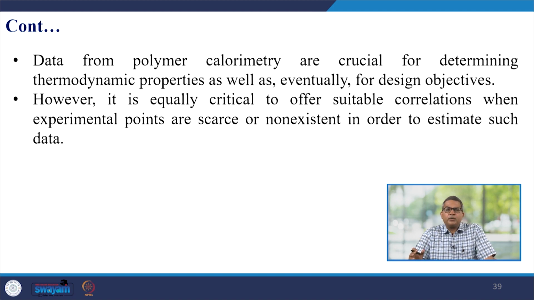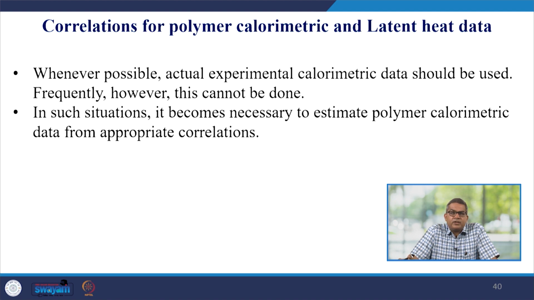Now, data from polymer calorimetry are crucial for determining the thermodynamic properties as well as eventually for the design objectives. So, once you design any kind of polymeric system, it is quite essential to have this kind of data. It is equally critical to offer suitable correlations when the experimental points are scarce or non-existent in order to estimate such data.